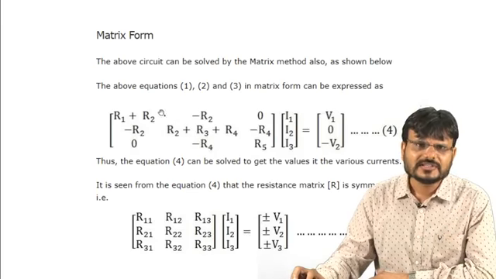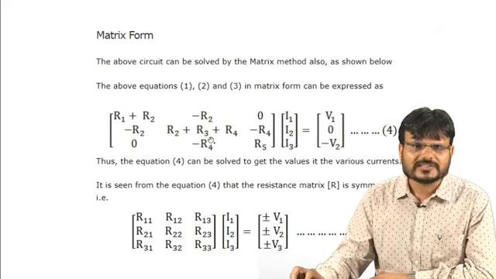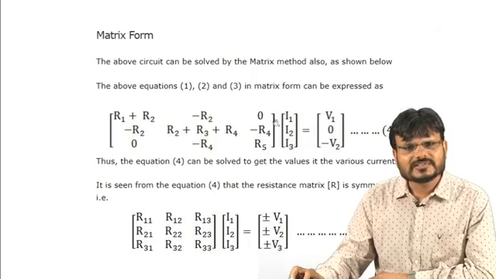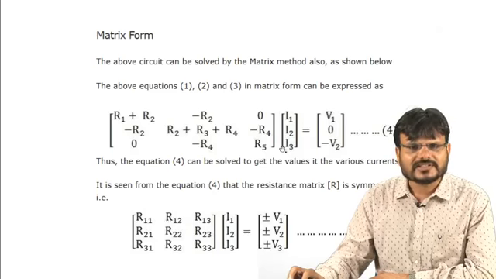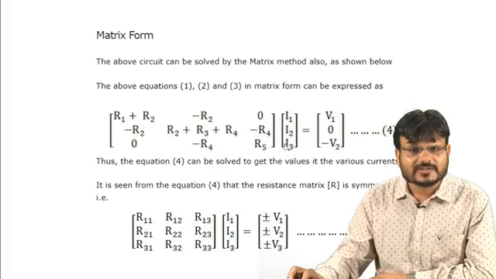So you can see this R1 plus R2, minus R2, 0; minus R2, R2 plus R3 plus R4, minus R4. These values are taken from equations number 1, 2 and 3, and I1, I2, I3 are the loop currents.